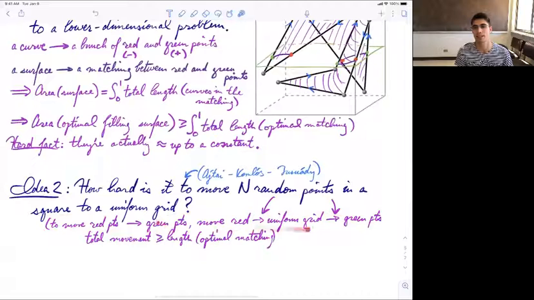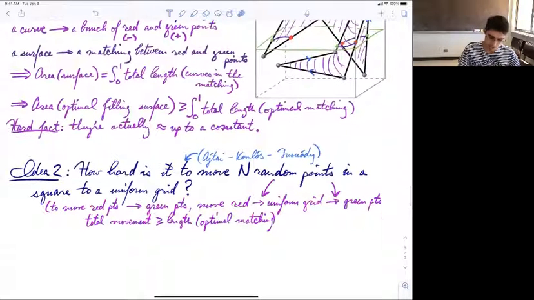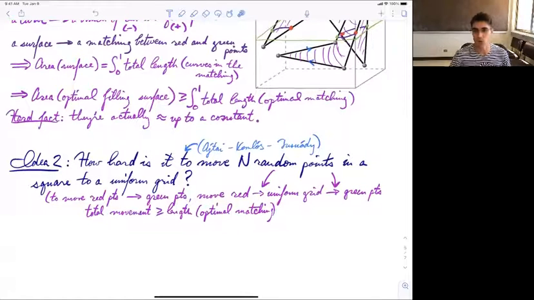Whatever this process is, it actually gives us an explicit matching, and so it's certainly an upper bound for the size of the optimal one. So how do we move random points to a grid?